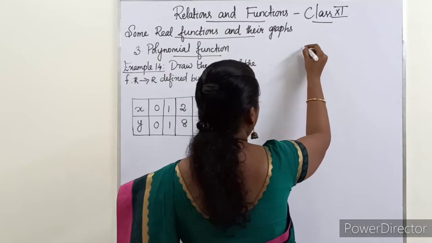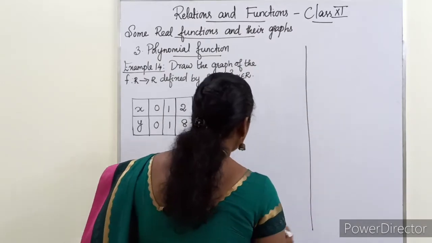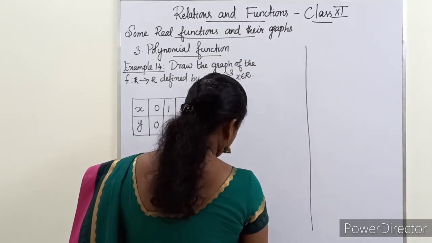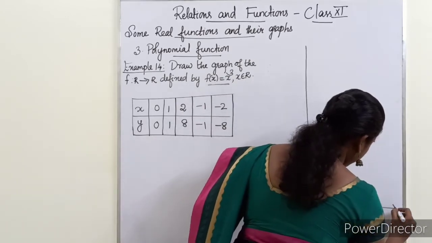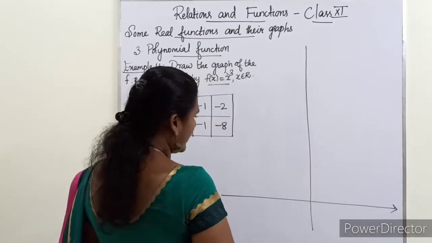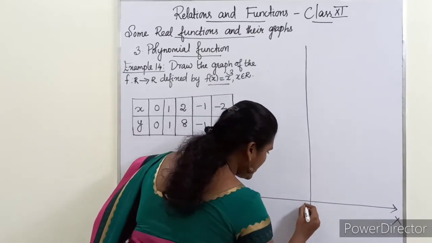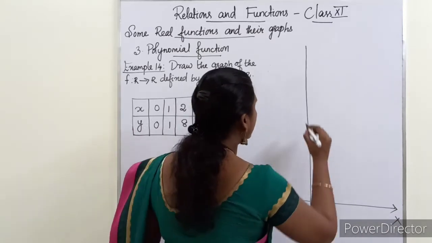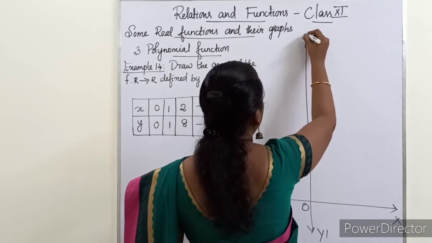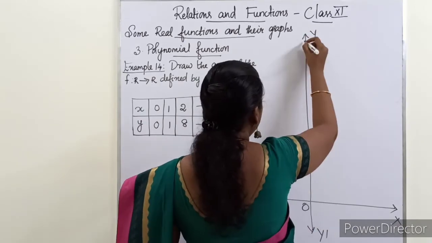First, we'll draw the x-axis. X dash, origin, y dash, y. So we'll plot the points now.